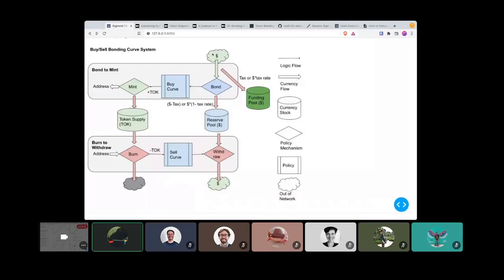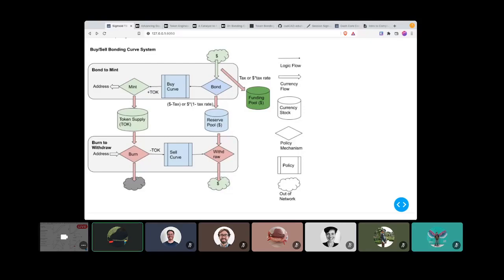So it starts with the agent action, and then the agent action goes into the market, which will manage the tax and tax rate, separating the funds into the funding pool and the reserve pool and returning tokens as a result.